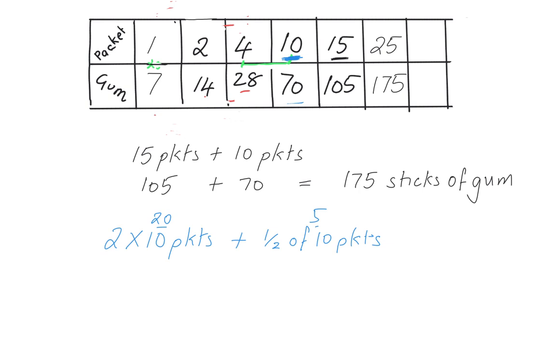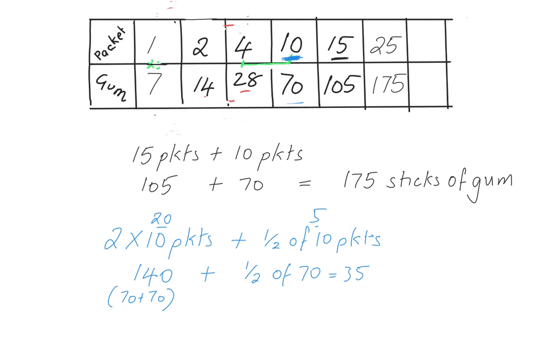We're doubling 70, which is 140, plus our half of 10 packets. 10 packets is 70, so we want to halve that: half of 70 is 35.